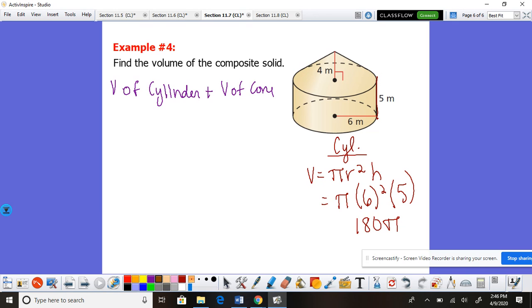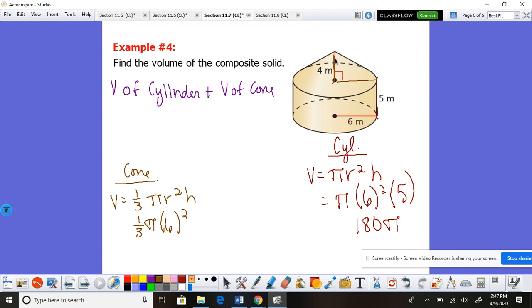All right, now I want to find the volume of the cone. So the equation would be 1/3 pi r squared times h, which is 1/3 times pi. Once again, our radius, guys, the radius of the cone is the same as the radius of the cylinder, so it's just 6 still, times the height.